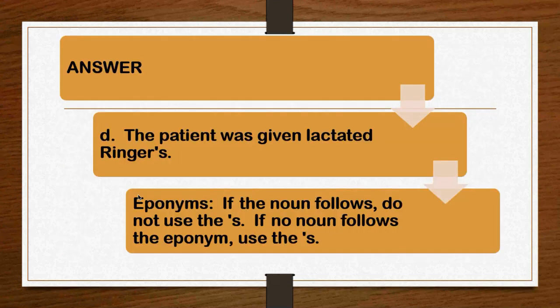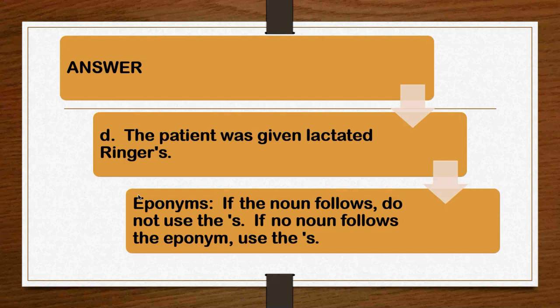Okay, so again, Ringer is a person's name. It's an eponym. So the rule is if the noun follows, do not use the apostrophe S. If they had said the patient was given lactated Ringer's solution, even if they had said Ringer's solution, you would have dropped the apostrophe S and just added solution; the noun is then being used as an adjective, but you would still keep Ringer capitalized.